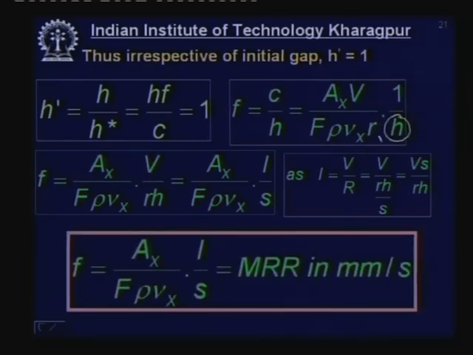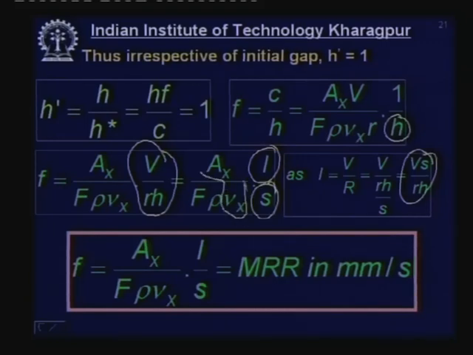How can it be cancelled out? We know that I equal to Vs by RH, and here I am getting an expression of V upon RH. So, I can measure the current, and I can set the current on the machine. I know the surface area of the material.